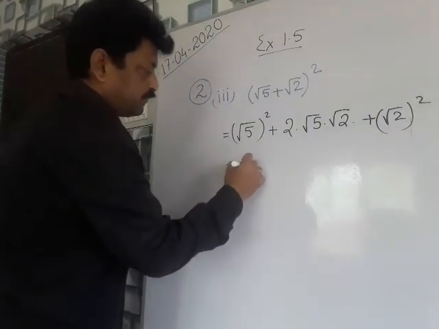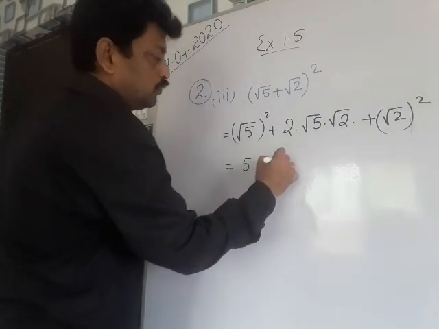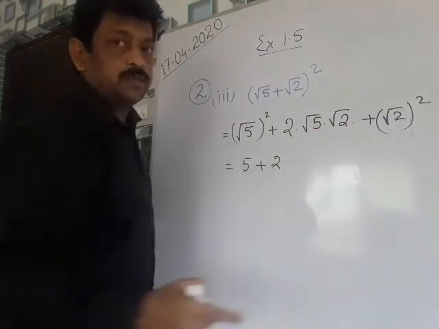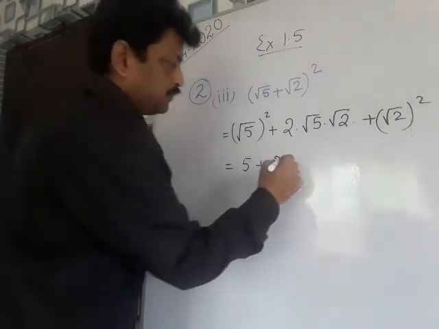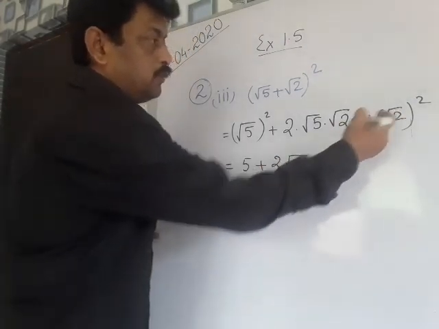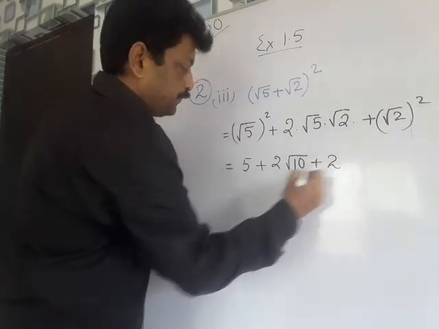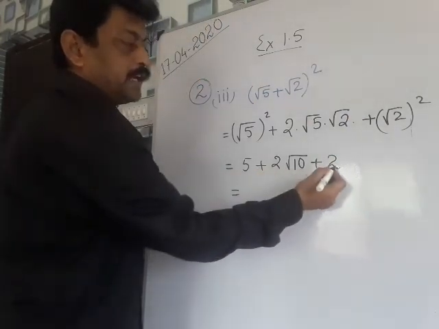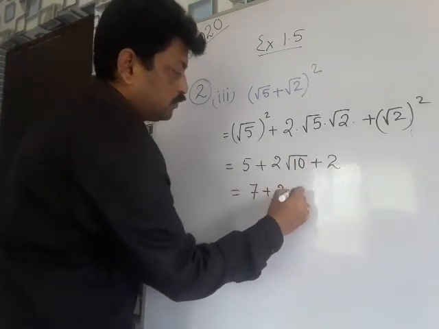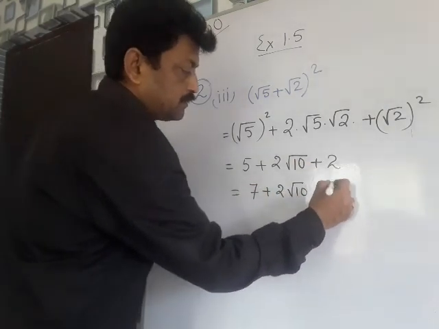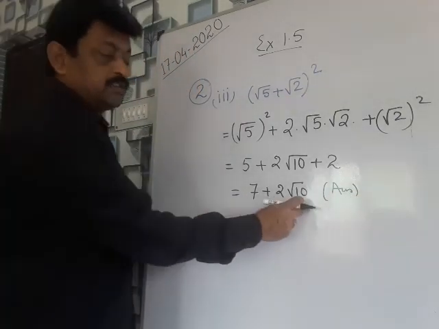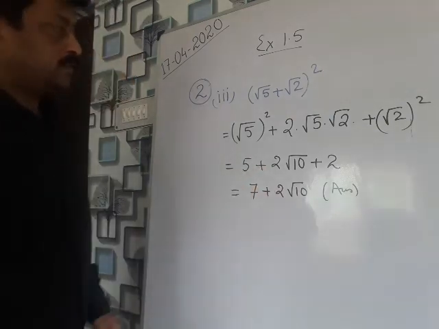Root 5 square is 5, 2 into root 5 into root 2, though they are unlike terms but they can be multiplied. So that will give root 10 and root 2 square will give 2. So rational will be added to rational. 5 plus 2 is 7 plus 2 root 10. This is the answer. They cannot be added further because this is rational and this is irrational. So it will remain like this.